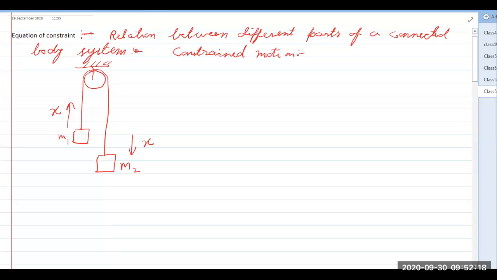the motion which has to follow some condition, the motion of different parts which are related. Different parts of a system having related motion.